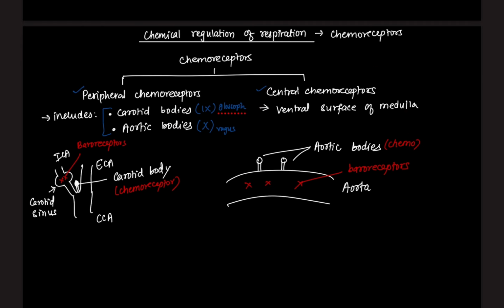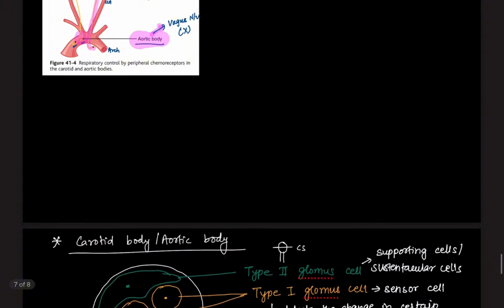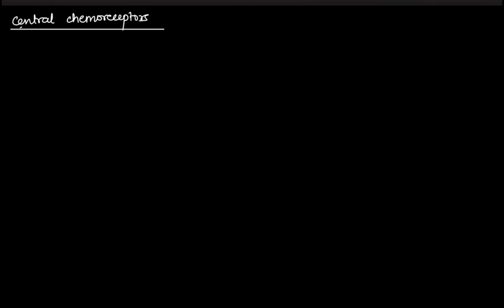Now we are going to discuss the central chemoreceptors. After the peripheral chemoreceptors, we'll talk in brief about them. Where are the central chemoreceptors located? I've already told you in the beginning, these are located at the ventral surface of medulla.